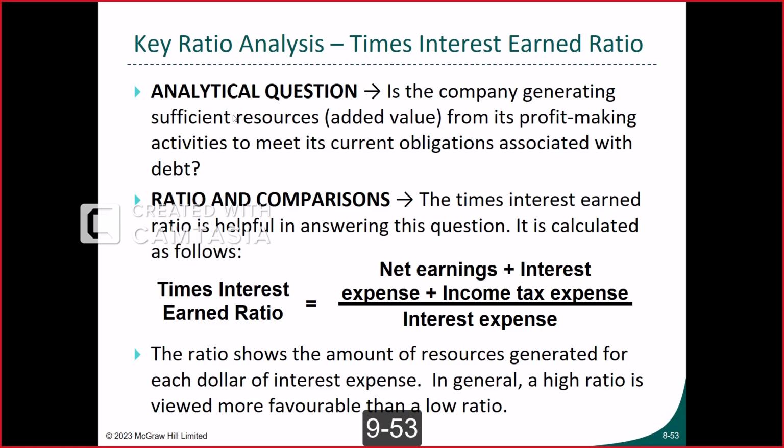Now, some ratios for analysis. One of the very common ratios you may decide to include in your report is the times interest earned ratio. In the numerator, we use the net earning before interest expense and before income tax expense, which means net earning plus interest expense and plus income tax, divided by the interest expense.